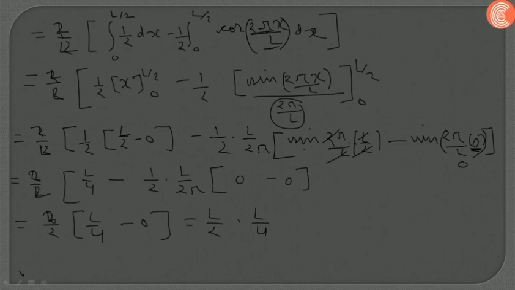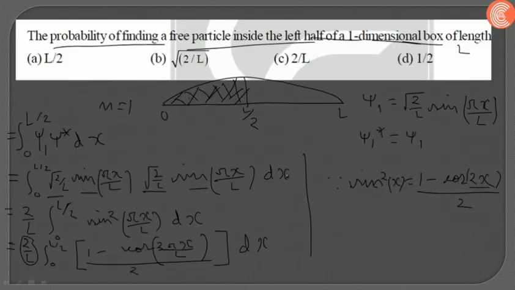So this L gets cancelled, and 2 ones are 2 and 2 twos are 2, so it will become 1 by 2. So the correct answer will be option D.